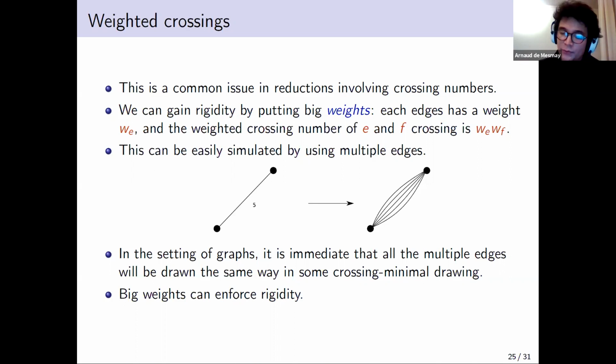And basically, if my frame was done with a very high weight, then it would not want to cheat and stretch out, because the fact that it's got very high weight will mean that any kind of crossing that it's doing would cost you a lot. And so in an optimal solution, these kinds of crossings will not be there. So having big weights, having multiple copies of each node, basically will be used to enforce rigidity.